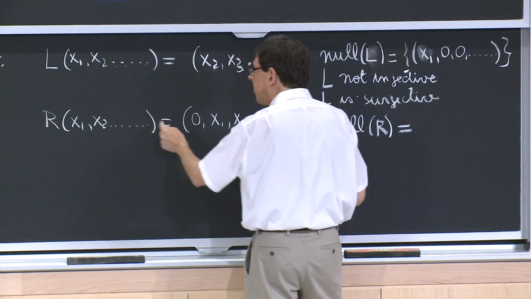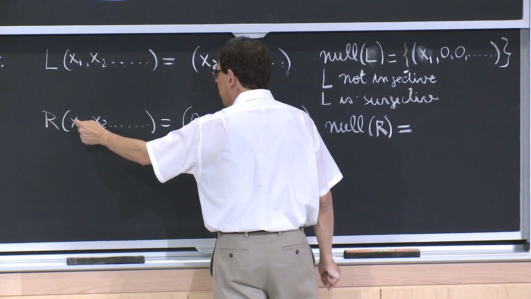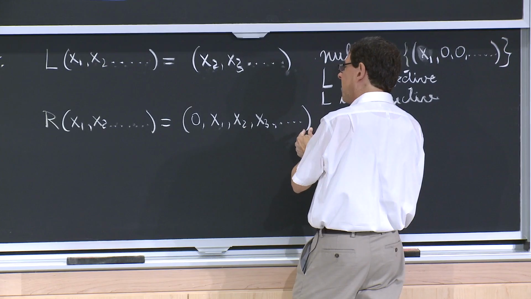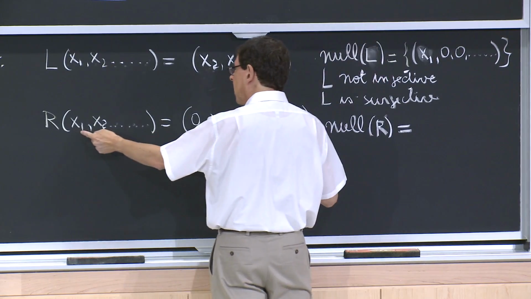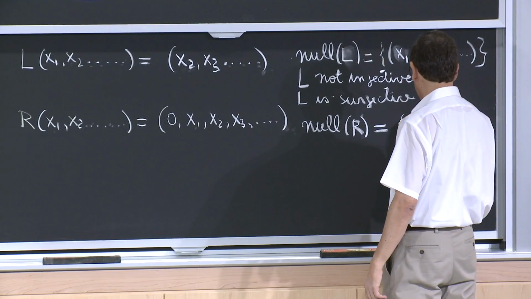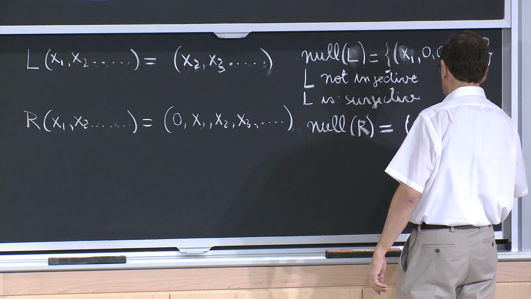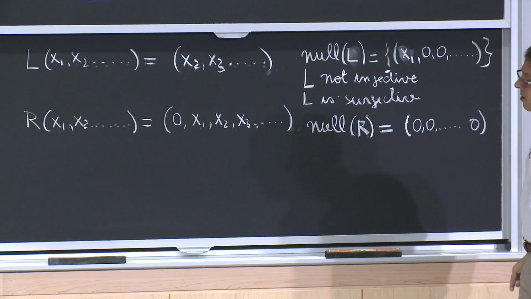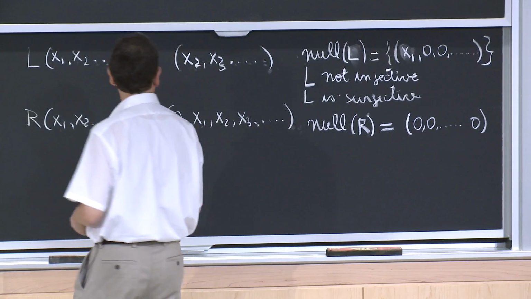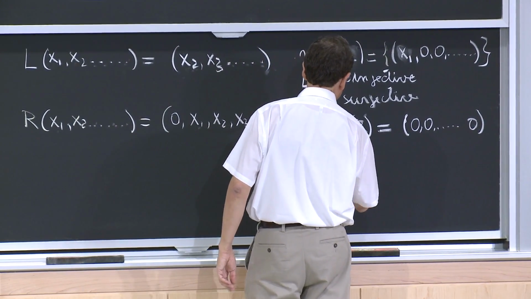So only the 0 vector is mapped to 0, because if you have any non-zero number here, it will appear here. So you won't get the 0 vector. So the null space here is just the 0 vector. It's the only one that gets mapped to 0. So if the null space is the 0 vector, this operator R is injective.